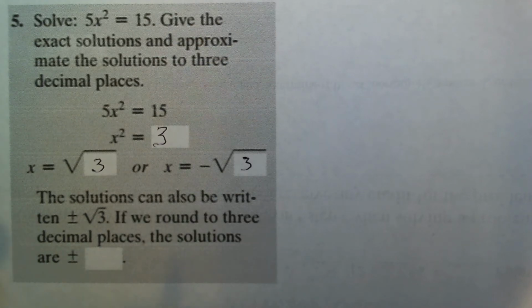And then when we take the square root and round to 3 decimals using a calculator, the answer would be 1.732, and that's plus or minus, again a shorthand notation of 1.732 and minus 1.732.